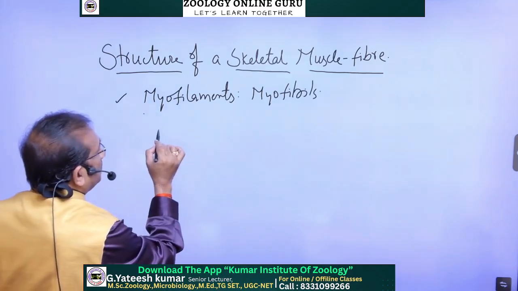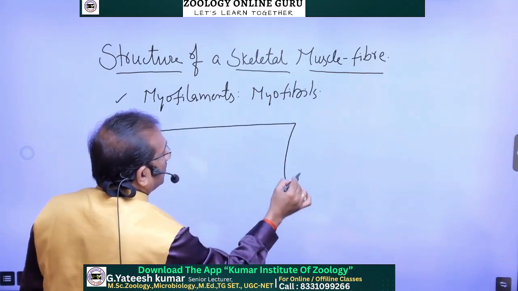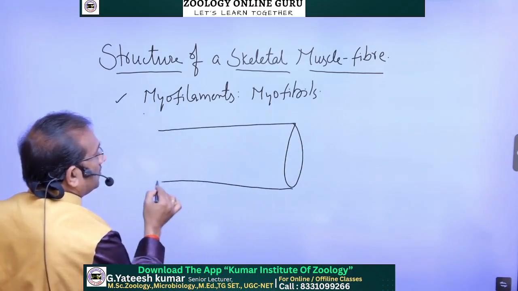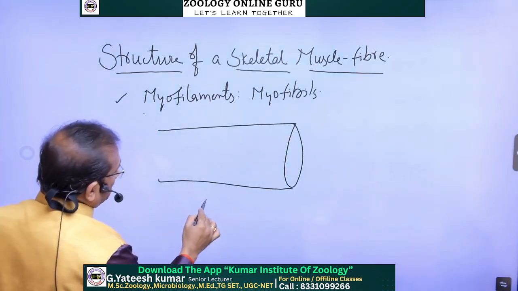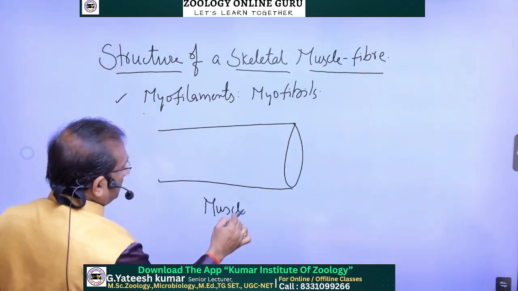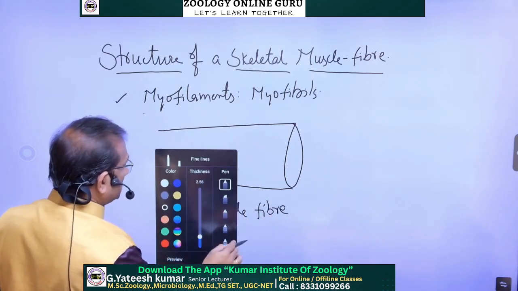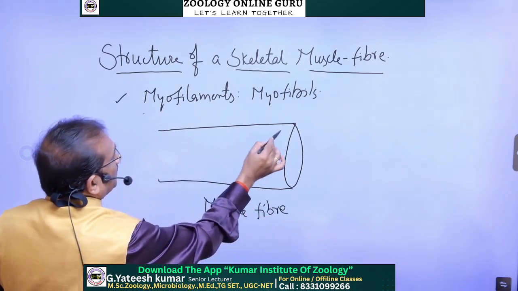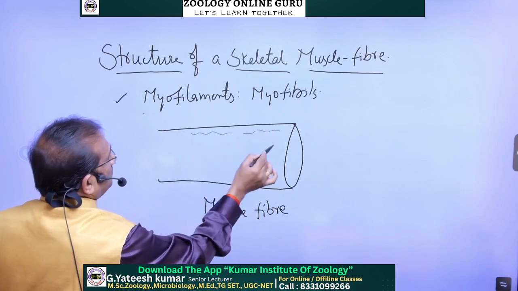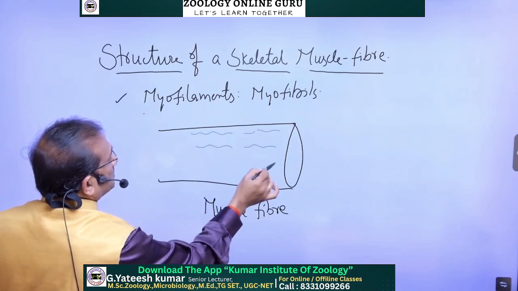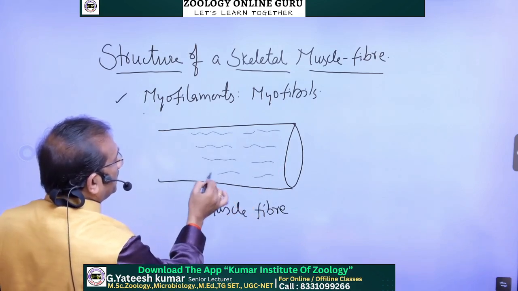Suppose this is one of the muscle fibers. Inside the muscle fiber, myofilaments or myofibrils are present.